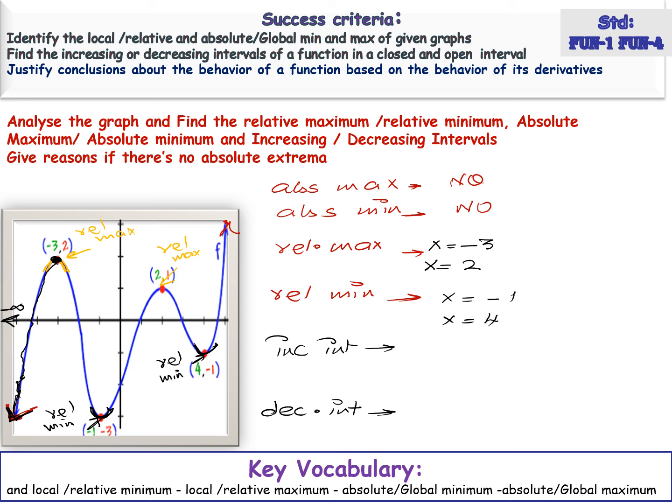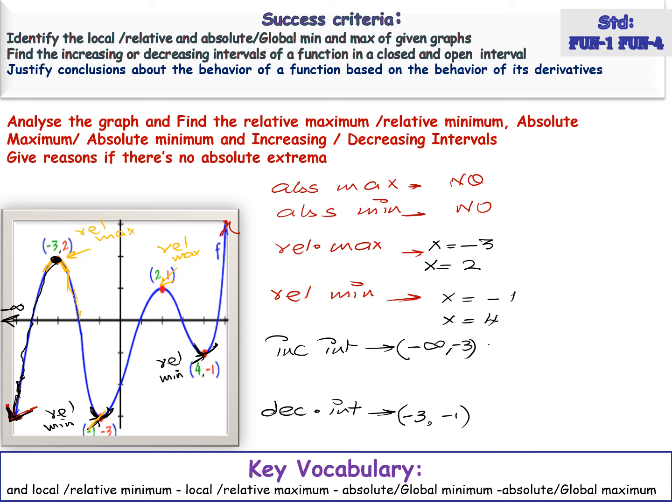You will start at minus infinity till negative 3. You have the increasing interval. After negative 3, the graph starts decreasing. It keeps on decreasing till negative 1. So you will write negative 3 till negative 1.